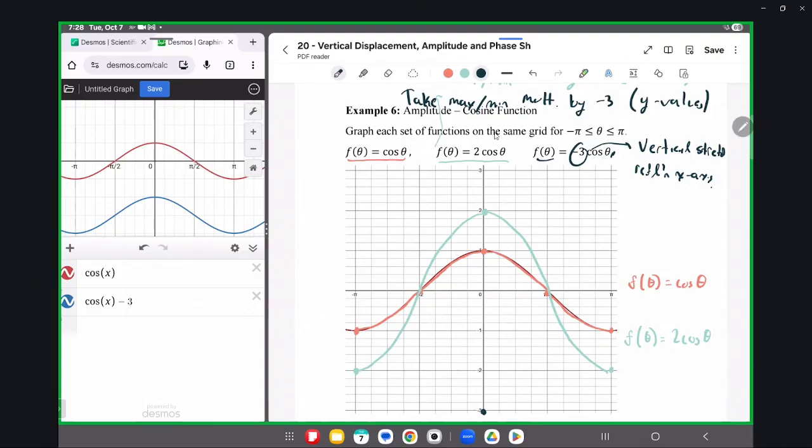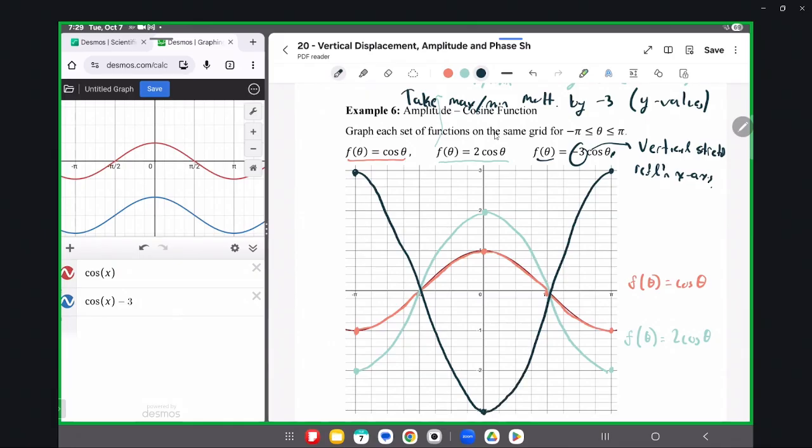If we take the negative 1 and multiply it by negative 3, we get positive 3. And on the base function, if we take cos of negative pi, which is negative 1, and multiply it by negative 3, we go up to 3. And so we go ahead and connect these as best we can. This is kind of long, so I worry about sketching this accurately.